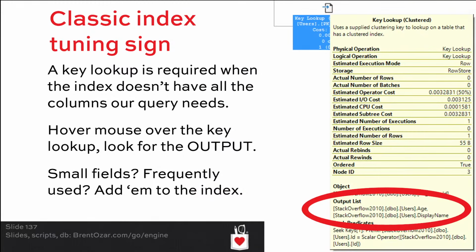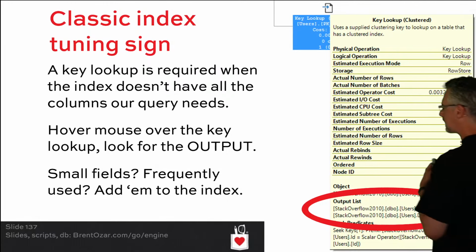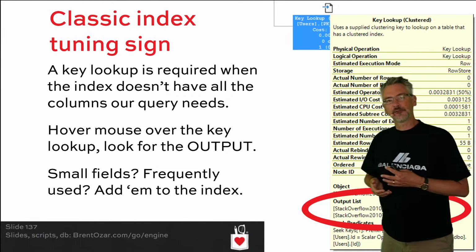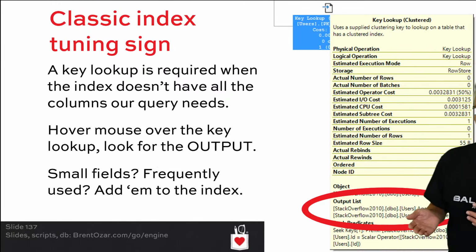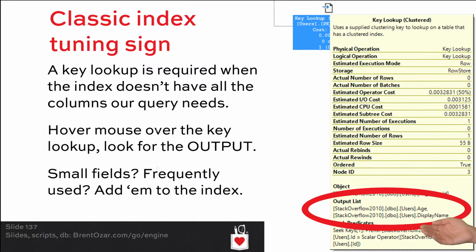So I said earlier that if you see key lookups, and they're columns that are used all the time, you could promote them up into the index itself. If you hover your mouse over the key lookup and look at the output list, you could promote those columns up into the index itself.